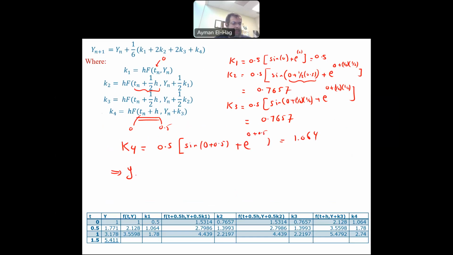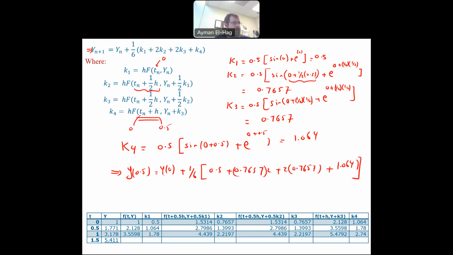Finally, my y now at 0.5 will use this formula, which is equal to y at 0 plus 1 over 6 times K1 (0.5) plus 0.7657 times 2 here, plus again 2 times 0.7657 plus K4, which is 1.064.